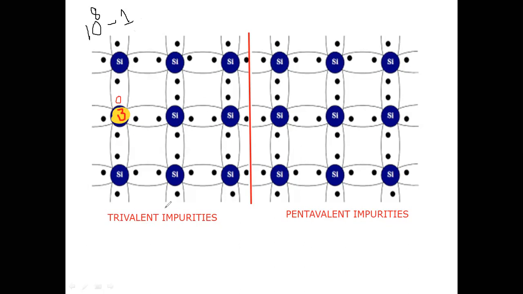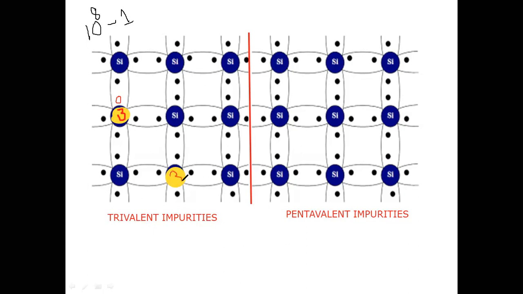Likewise, I am taking another silicon atom which is doped with this trivalent impurity atom. I'm writing plus three here, which means it has three electrons in its outermost orbit.